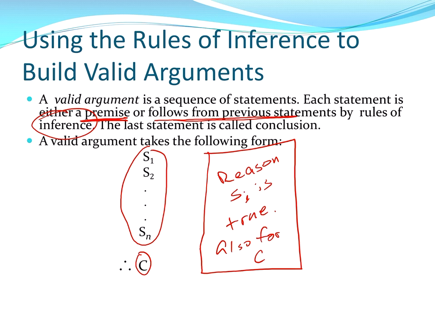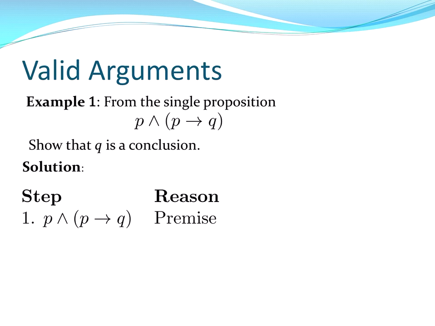Okay, so let's take a look at our first derivation of a conclusion from premises using the rules of inference. Here we are given that the statement P and P implies Q is true as a compound proposition. And I want to show that Q is the conclusion.